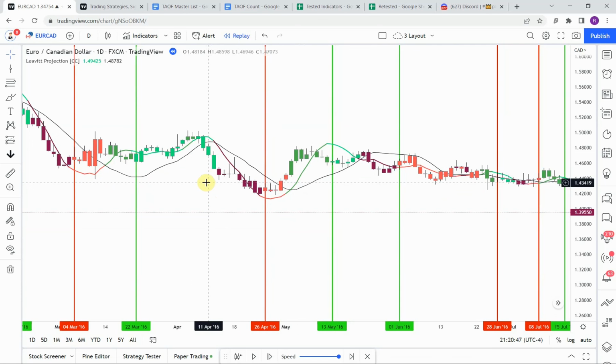So we might test it again in the next testing video, where we take just these crosses and we trade the dark purple maroon and the dark green candles instead, and see what we can get out of it that way.